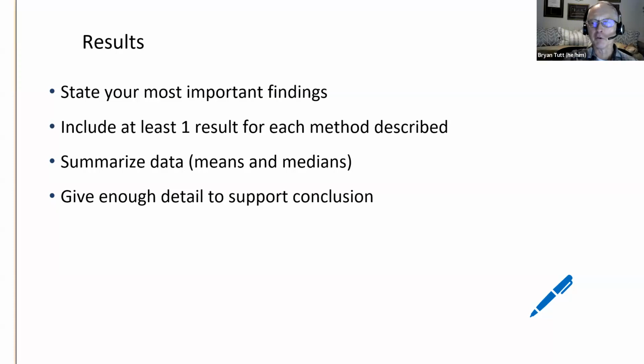Likewise, after you've written your results, you want to make sure that every result you gave is mentioned in the methods of what experiment or analysis you used to get that result. You want to avoid dumping a whole bunch of raw data. You want to summarize the data instead. And you want to make sure the results you give support your conclusions.